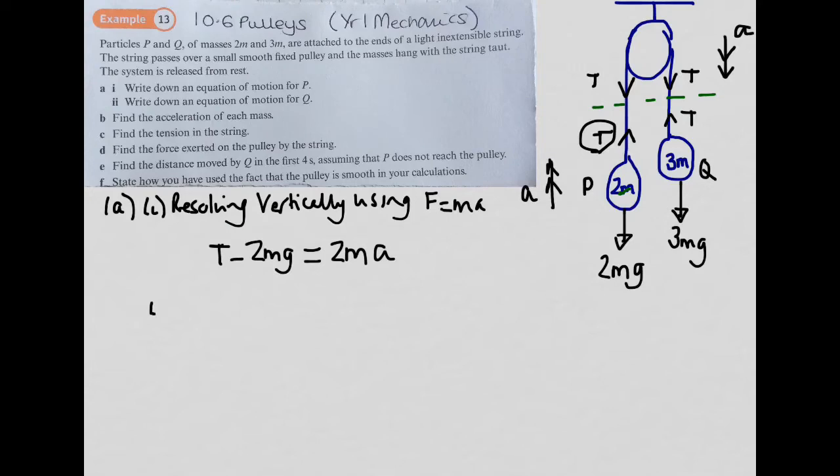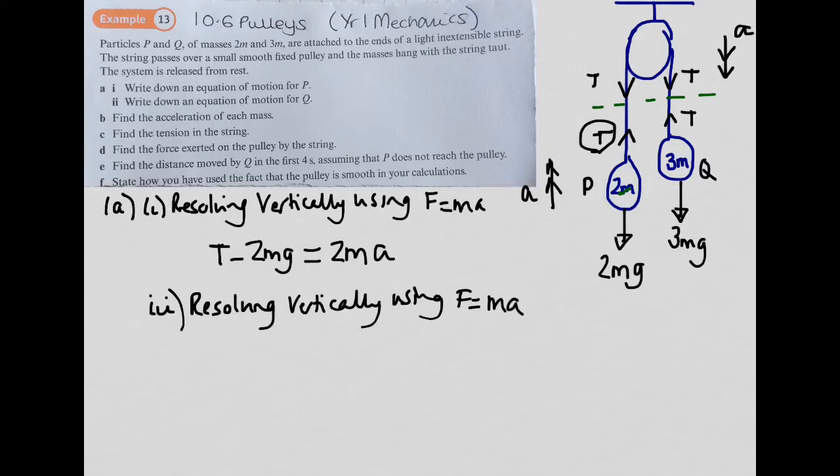Moving on to part 2, you're asked to write down an equation for the motion of Q. So again, resolving vertically, using F equals ma again, because the particle is accelerating, therefore we can use F equals ma. So we've got to look at the forces, and we're looking at particle Q now. What forces are acting in the direction of motion?